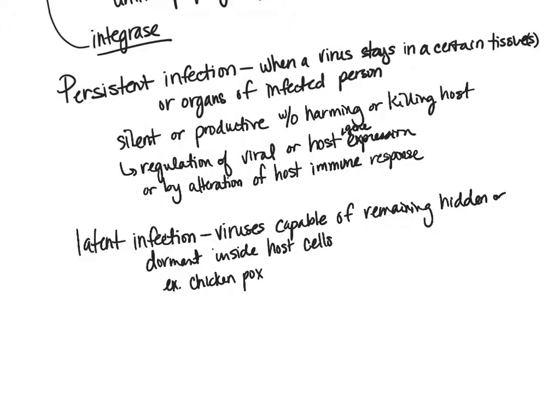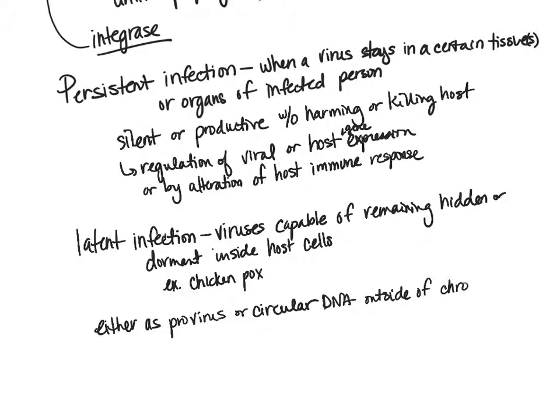It can stay in that dormant state either as a provirus or as circular DNA outside of the chromosome. Either way, it's staying hidden or dormant.